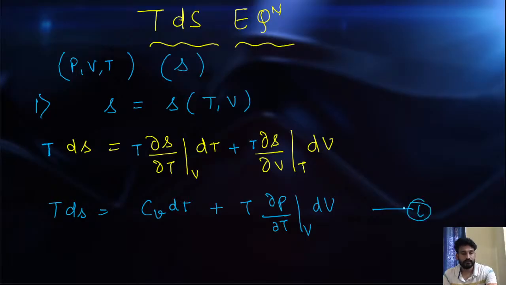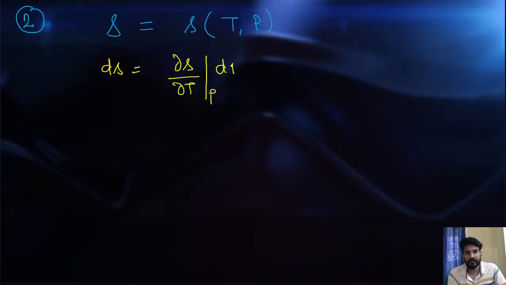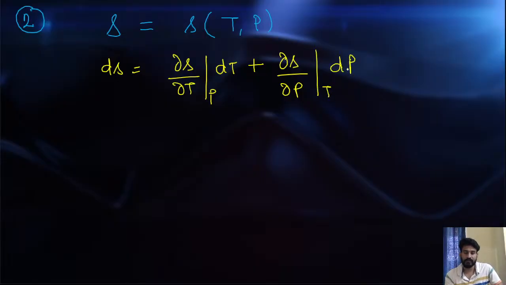Second, let's suppose my entropy is a function of temperature and pressure. If it is a function of temperature and pressure, then I can write dS as del S over del T, keeping pressure constant, into dT, plus del S over del P, keeping temperature constant, into dP.